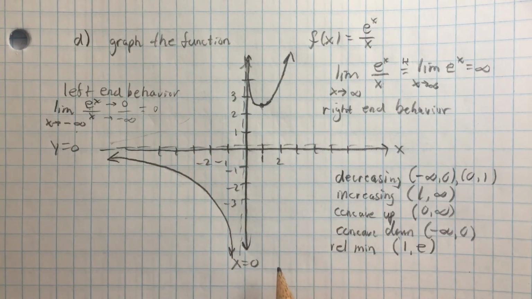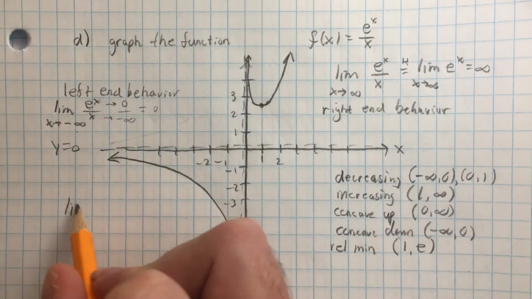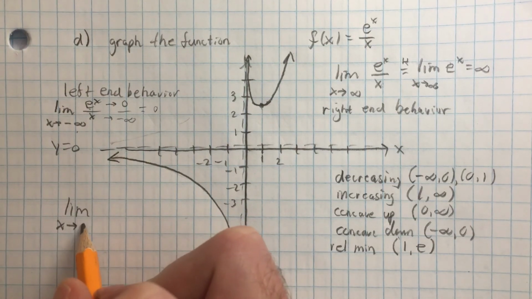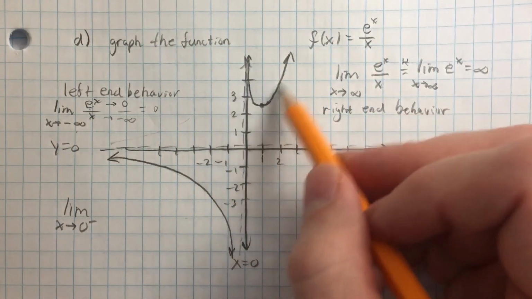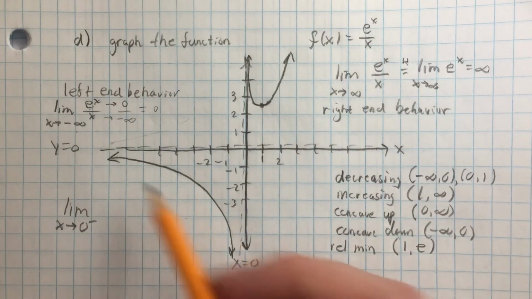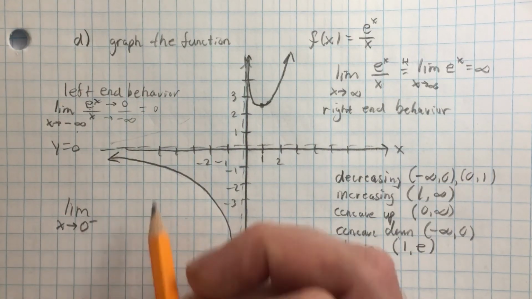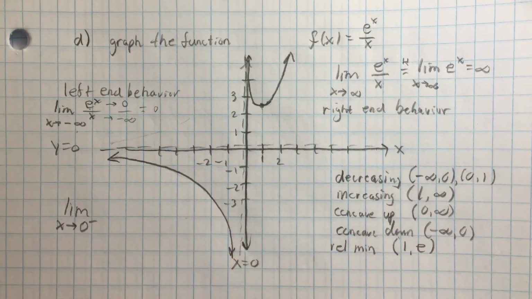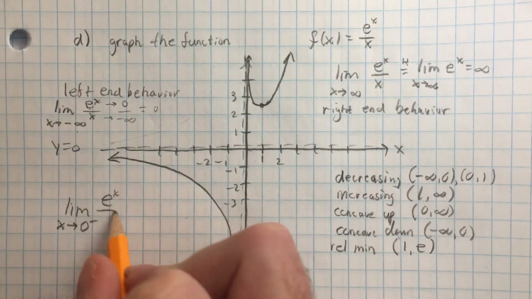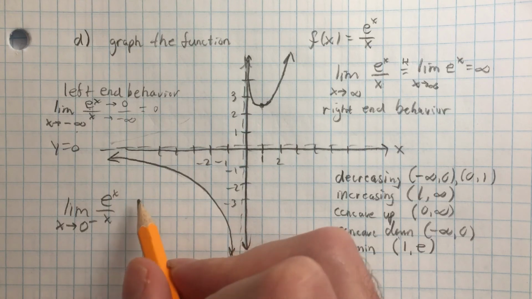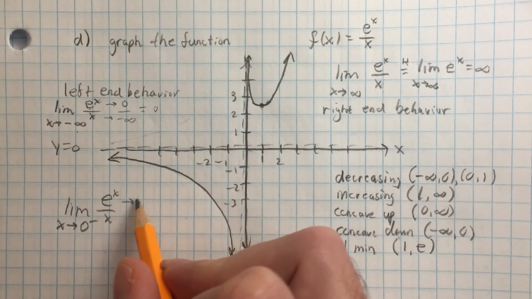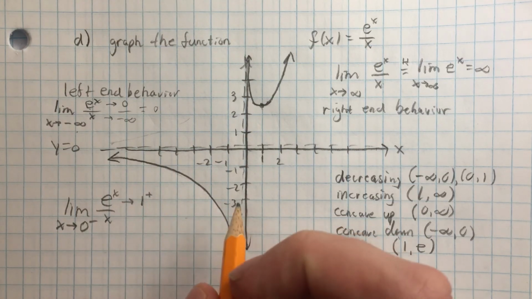Now you can also check just to make sure what happens as you approach the asymptote from the left. From the right it was pretty clear just from the concave up structure. Concave down structure, it's also pretty clear, but just to solidify this and to use what we've learned before about limits, limit as x approaches 0 from the left of e to the x over x. Well, e to the x is approaching 1, and it's always positive.